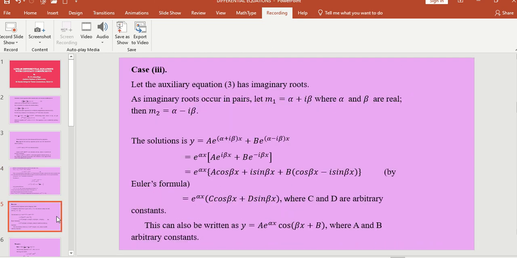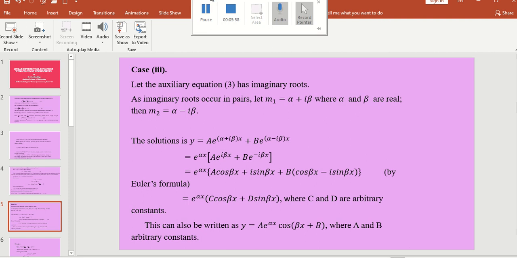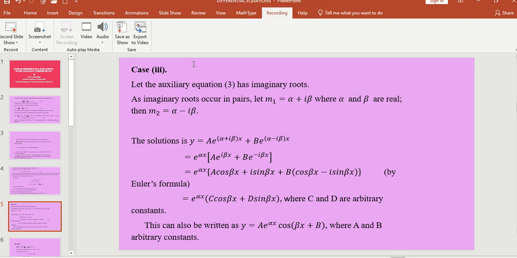Now we consider case 3. Let the auxiliary equation 3 have imaginary roots, that is, it has no real root. Then let the roots be alpha plus i beta and alpha minus i beta. Since complex roots occur in conjugate pairs, we have m1 equal to alpha plus i beta as one root, and m2 equal to alpha minus i beta.